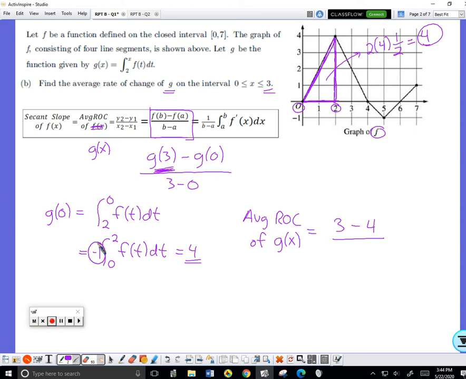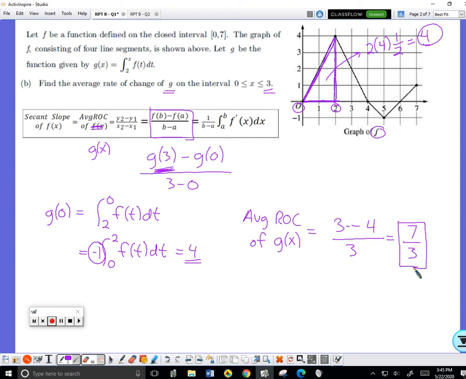I gotta slow down. Don't forget the negative. -4, all divided by 3. You can leave it like that, they'll give you full credit. If you kept going, you would get 7/3. So again, make sure you're going slow and careful, reading your work.